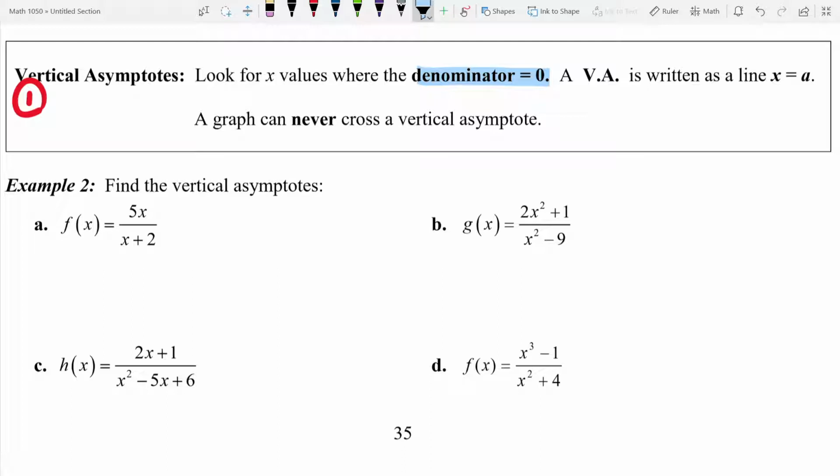So if you're like me and you used to mix that up, all you have to remember is the horizon. If you're looking at the horizon, that's where the sun comes up and goes down. So that is horizontal. So the other one is vertical. If you have a vertical asymptote, you guys, I really need you to know you can never cross a vertical asymptote.